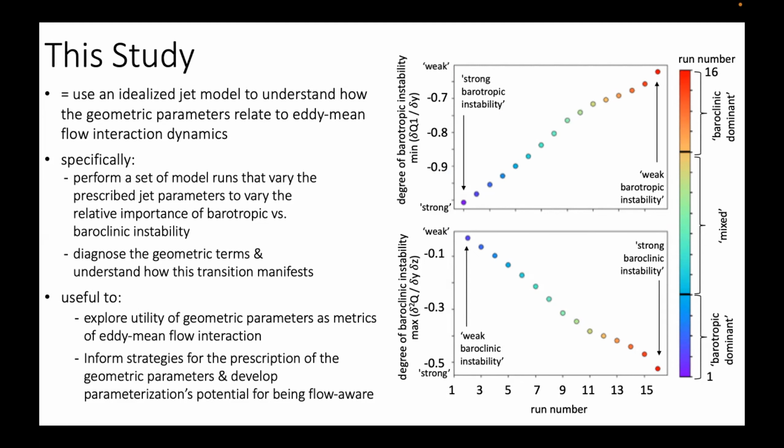And then we're going to diagnose the geometric parameters in this set of runs and try to understand how the variability in the geometric parameters describes this transition from barotropic dominated to baroclinic dominated dynamics.